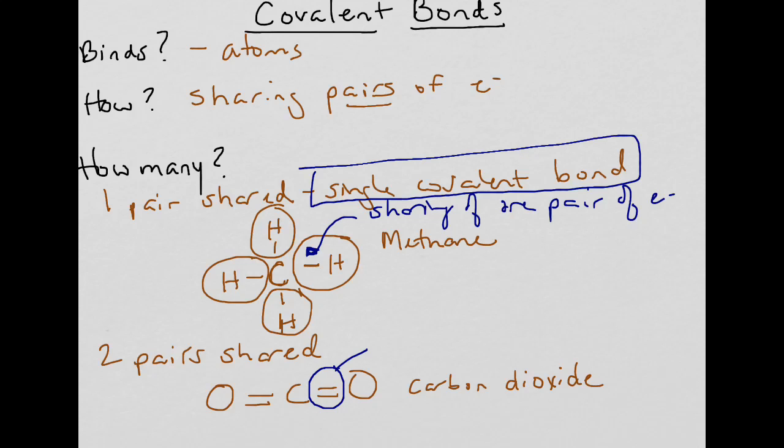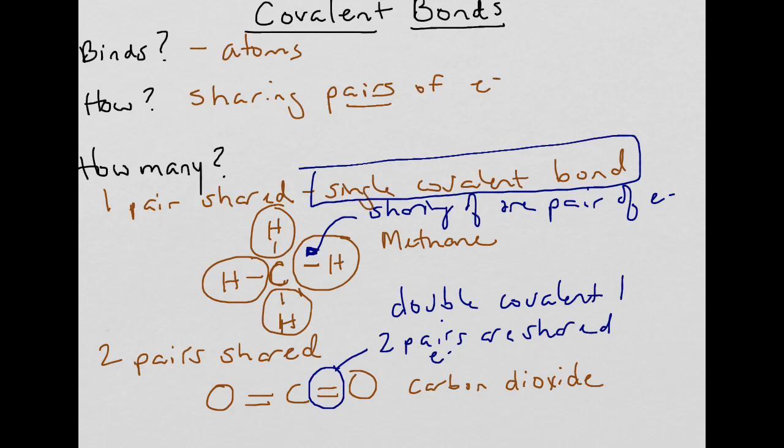That indicates that we are sharing 2 pairs. When I say 2 pairs, it's 2 pairs of electrons. So we call this the double covalent bond. Okay, double covalent.